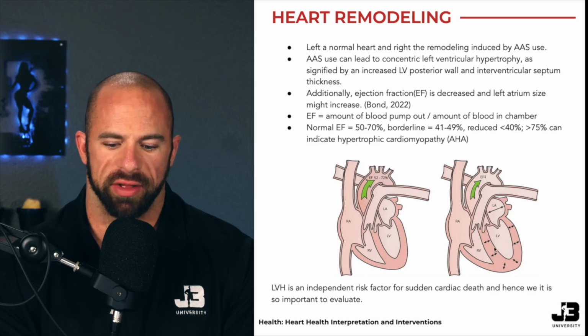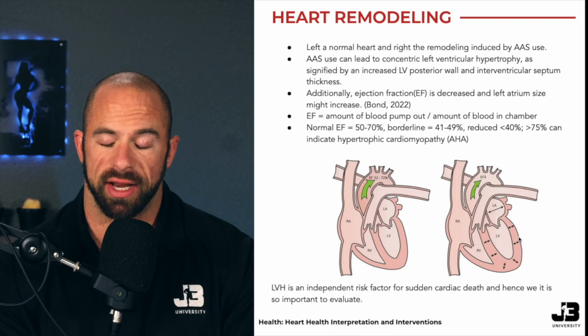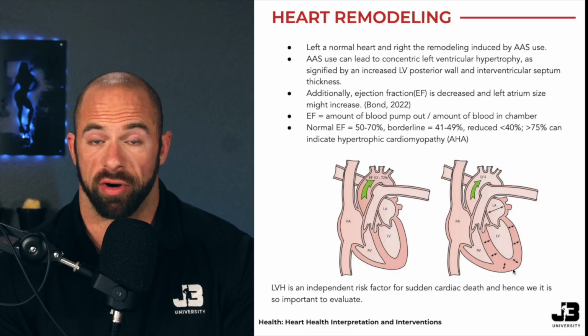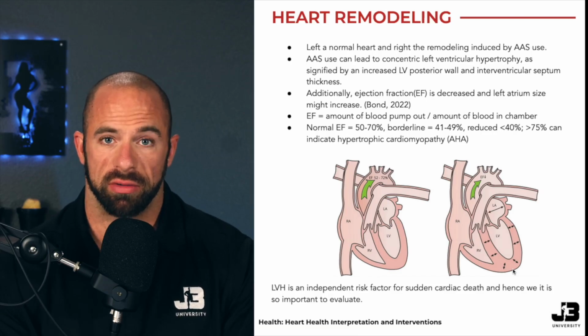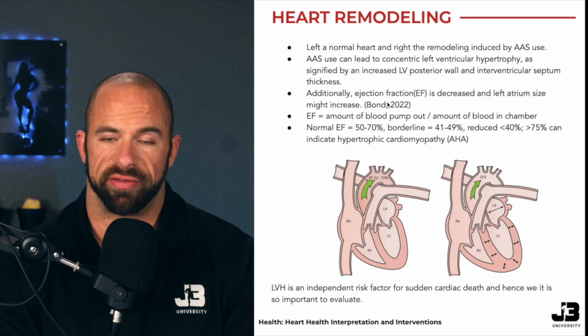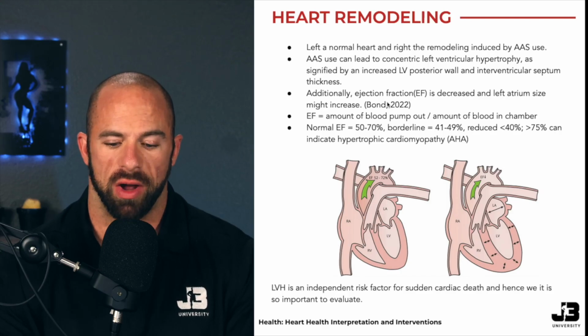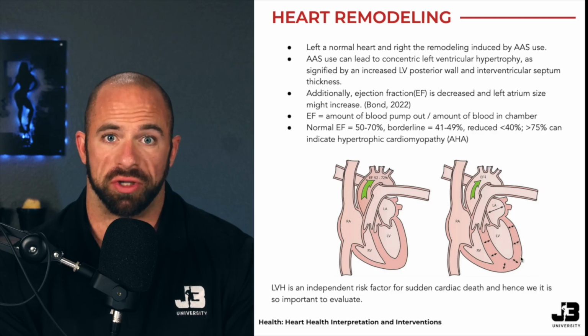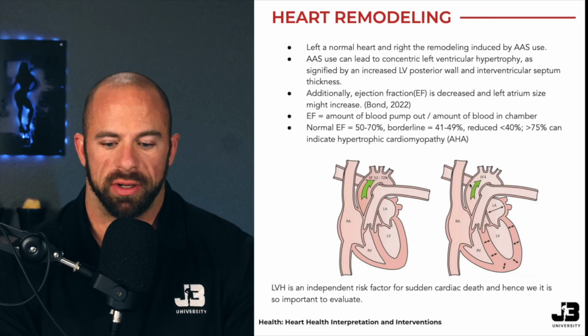So what we see here in this left ventricle is that this posterior wall starts thickening, and also this interventricular septum along here also thickens, for a few different reasons that we're going to address further. Additionally, the ejection fraction, which we're going to define as well, we simply say for right now, the ability for this heart to pump blood out is declining.